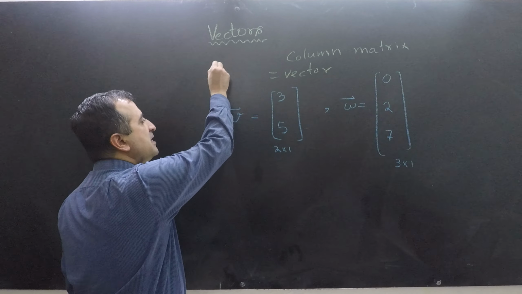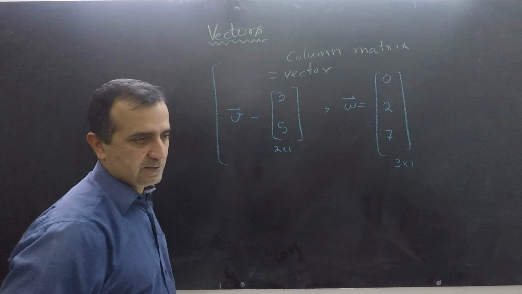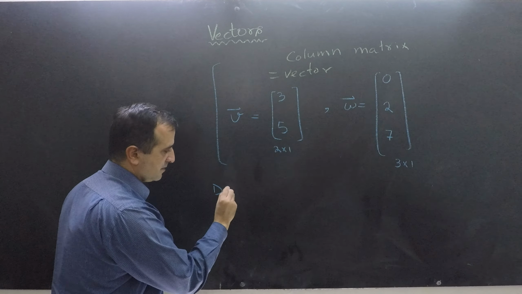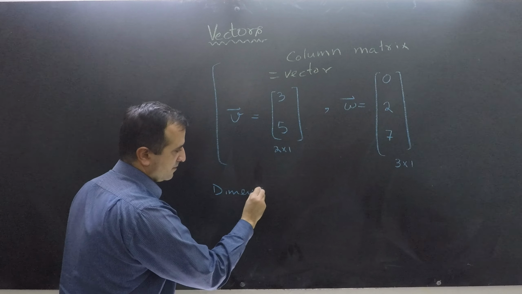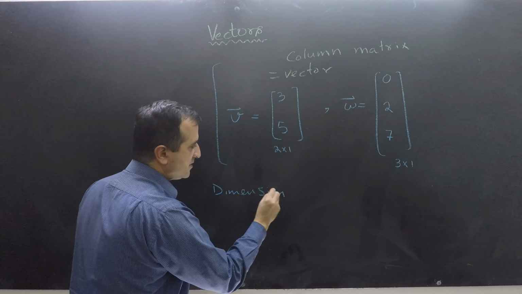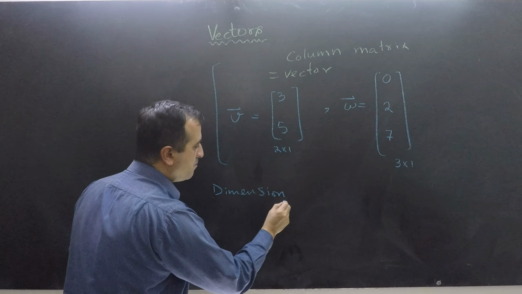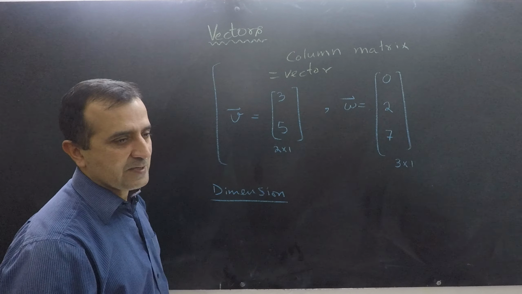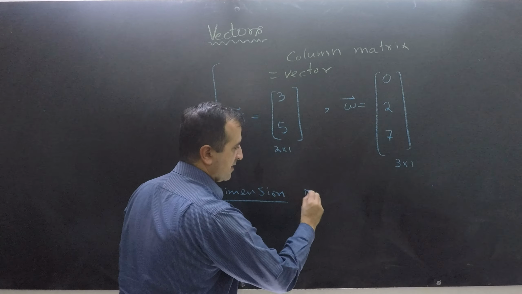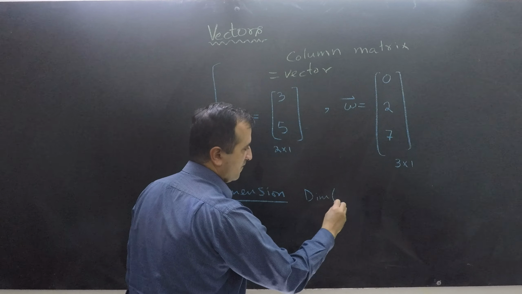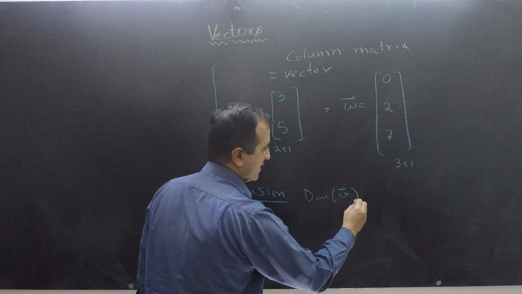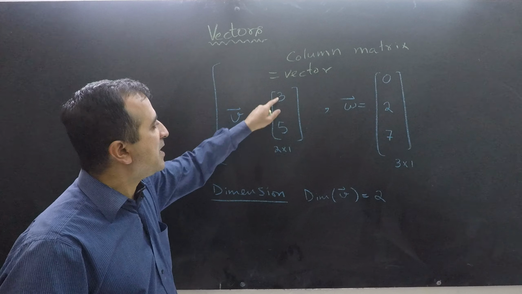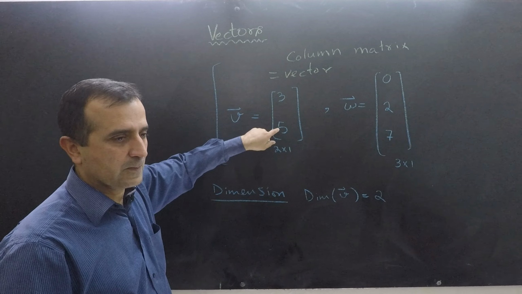The second definition we have to do is vector dimensions. Dimensions are the number of elements in the vector. So the dimension of vector V is 2, because it has 2 elements in it, 1, 2.